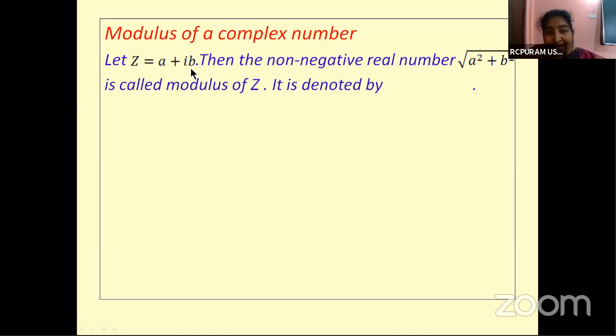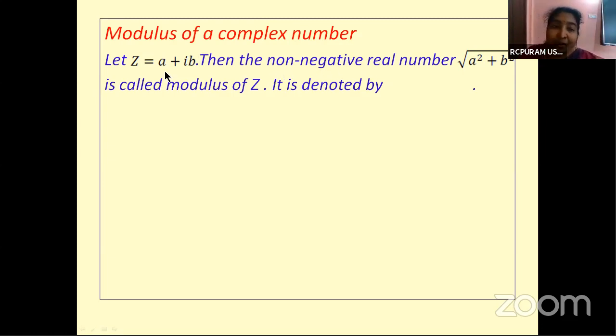Both a and b are real numbers, but this ib is the imaginary part, because I multiplied with b is giving you the imaginary part. Otherwise, a and b, when you take them separately, they are real numbers. This is what we have seen in the first session of complex numbers, isn't it? So when we square any two real numbers and add, definitely you are going to get a non-negative real number only.